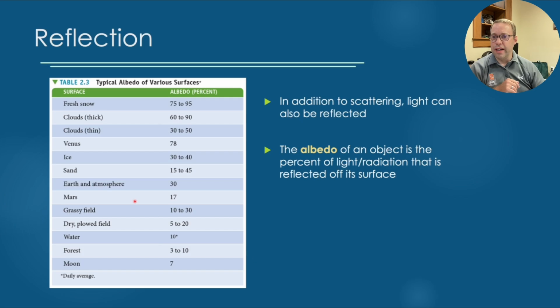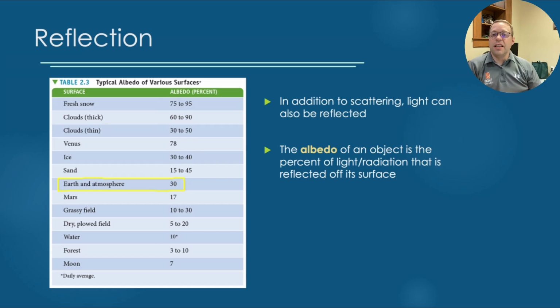So, for example, the Earth and the atmosphere together reflect about 30% of the sunlight that hits the atmosphere. Sunlight comes down, hits the atmosphere, and as it travels, about 30% of that light is reflected back out to space. So the Earth has an albedo of 30.